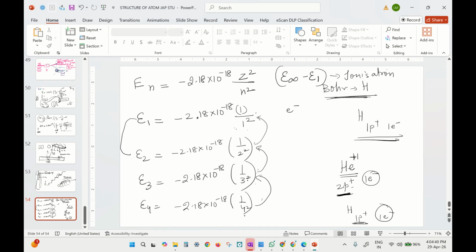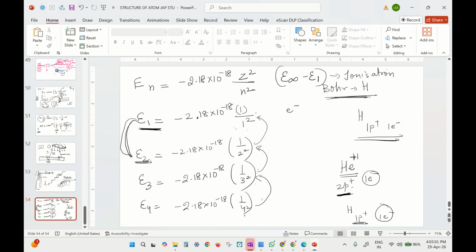Now, when the energy of each shell is quantized, remember? The energy of electrons in each shell is quantized. Then when the electron is moving between them, only certain frequency values will be consumed by the atom.